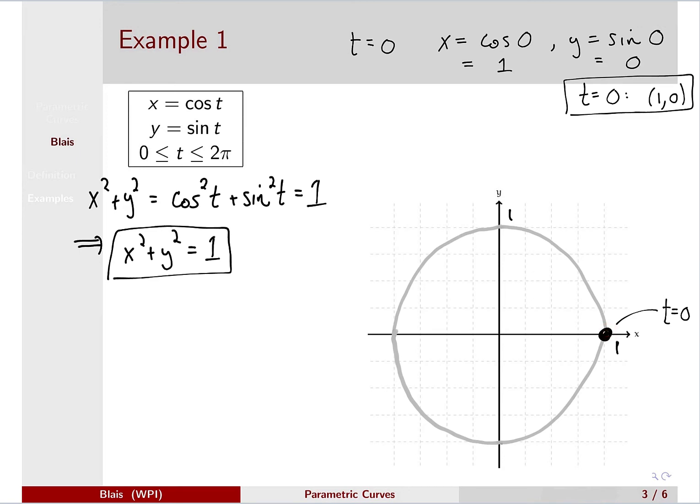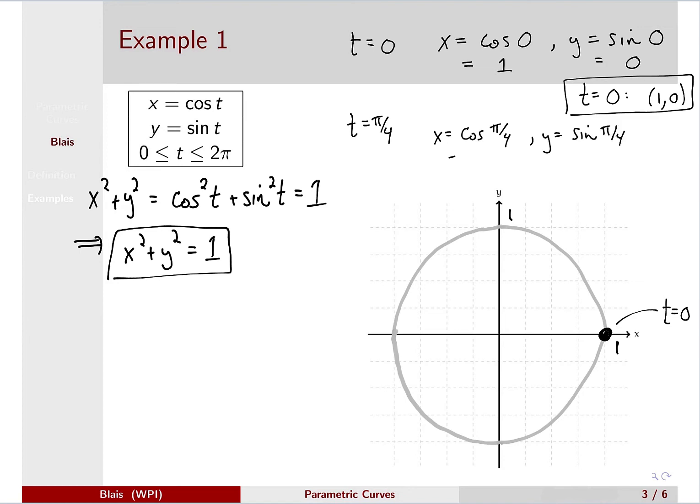Well, what about if we increase? Now we start letting time increase. And it looks like we're evaluating our parameter at cosine and sine. So why don't we try some more convenient radial values? So how about, say, t equals pi over 4? At time pi over 4, we have x equals cosine pi over 4, and y equals sine pi over 4.